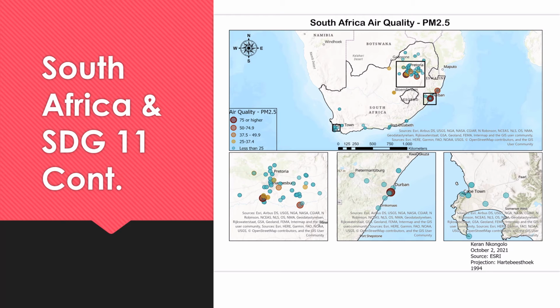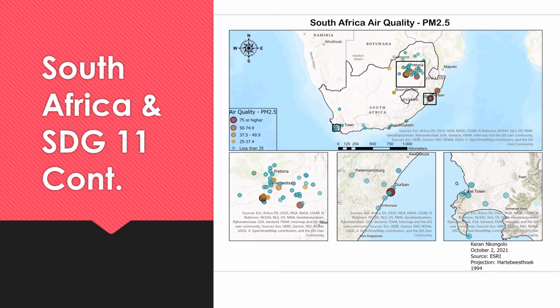So it's less than 25, and that's good. But there are some places where it's over 75 near some of the larger cities, specifically Johannesburg, southeast of that, and southwest of that, and right next to Durban.